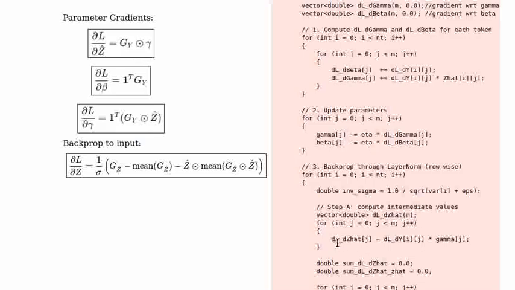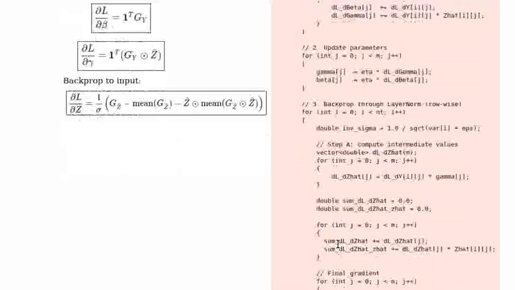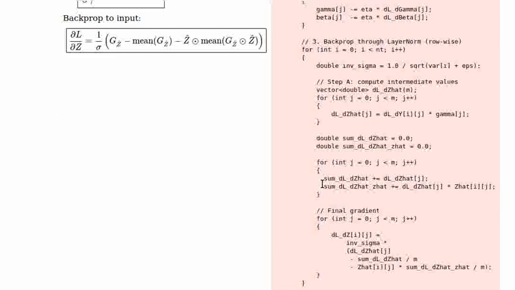Okay, and then to calculate this, we need to calculate the mean. To calculate the mean, we need to sum over some values. So we declare this sum dL/dĉ to be 0, and also we need the mean of this part. So we call it dL/dĉ times ĉ.